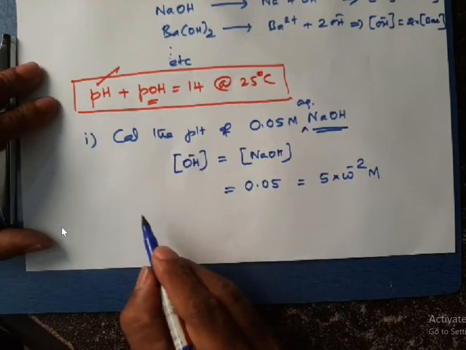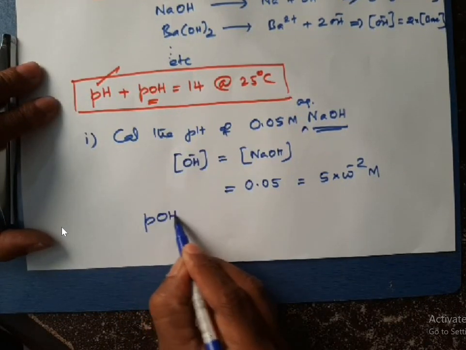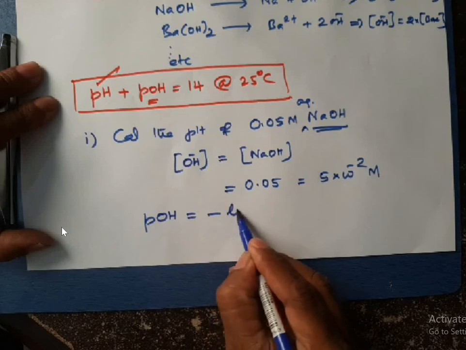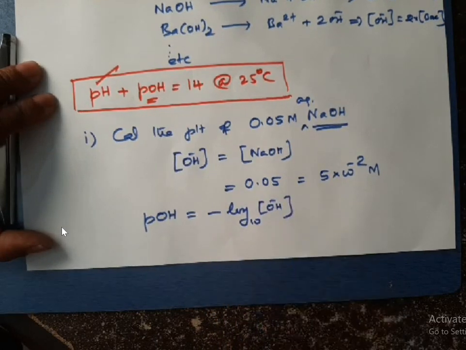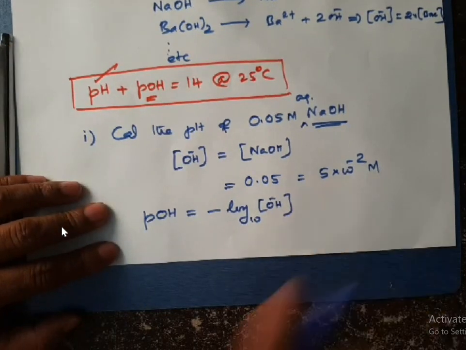Okay. Now, what is the value of pOH? pOH is equal to negative common logarithm of OH minus concentration, and this is very important.